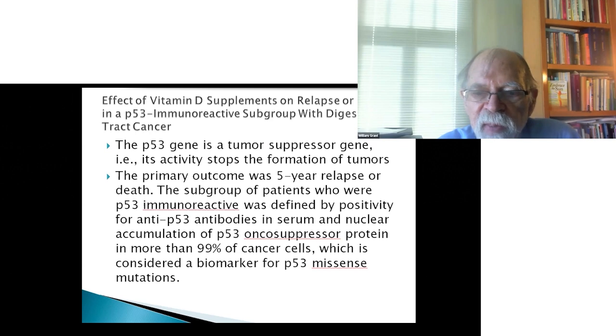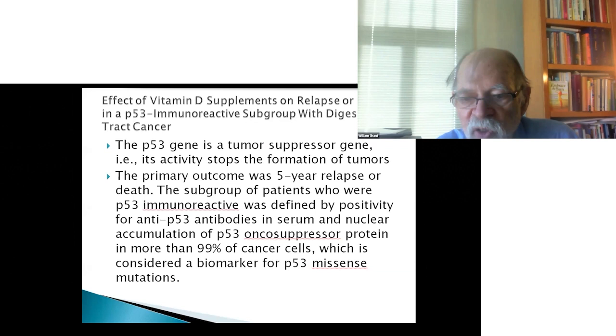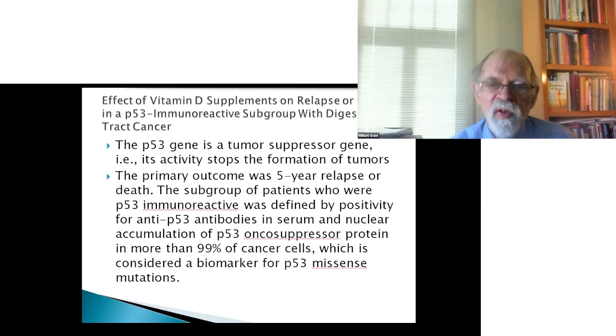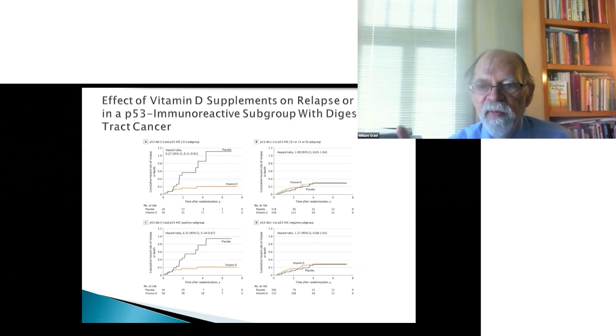And they looked at a subgroup of patients who were P53 immunoreactive. That's defined as positivity for anti-P53 antibodies in serum or nuclear accumulation of P53 oncosuppressor protein in more than 99% of the cancer cells. So some of these patients had lost the use of their P53 gene.